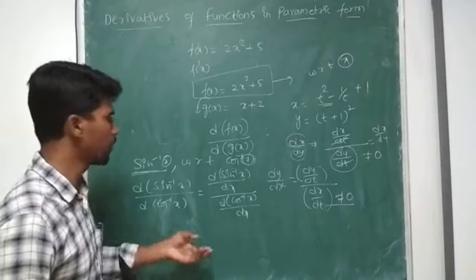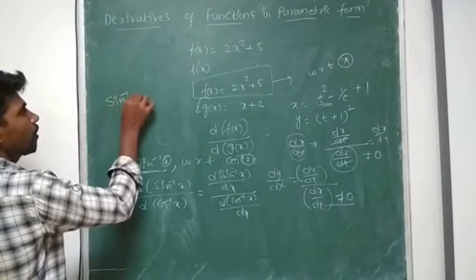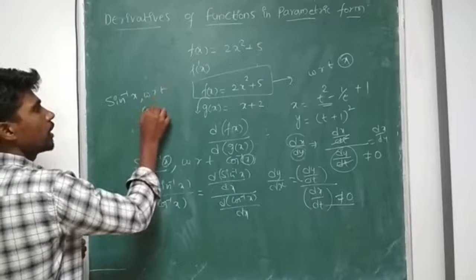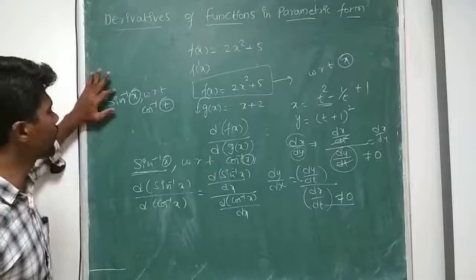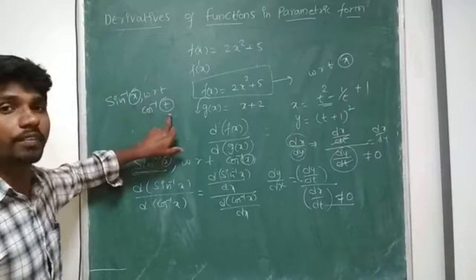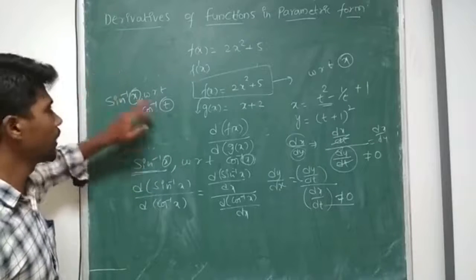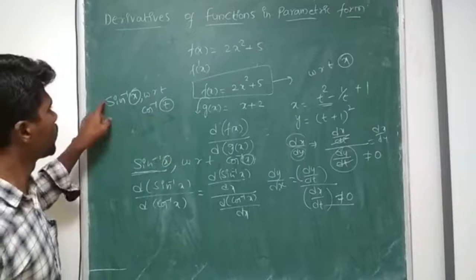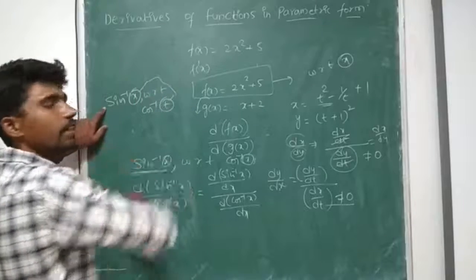See, there are cases where we are not able to find the derivative. Find the derivative of sin inverse x with respect to cos inverse of t. The first function is defined in terms of x and the second function is defined in terms of t, and they asked us to find the differentiation of sin inverse x with respect to cos inverse t, which is not at all possible because the two functions are defined in terms of two different variables.